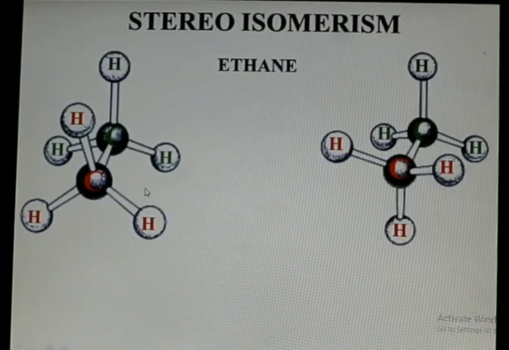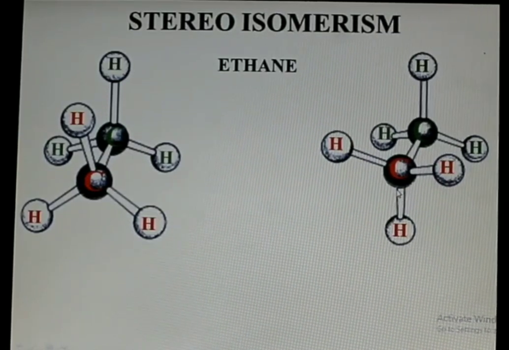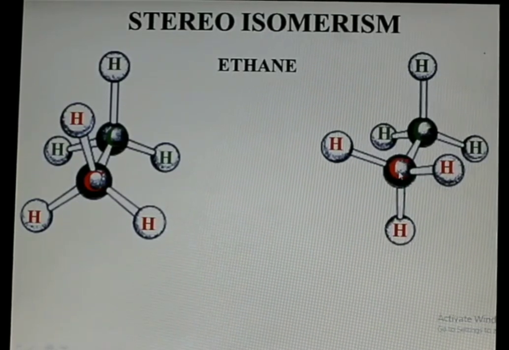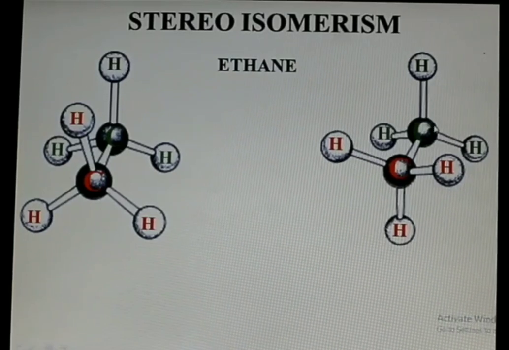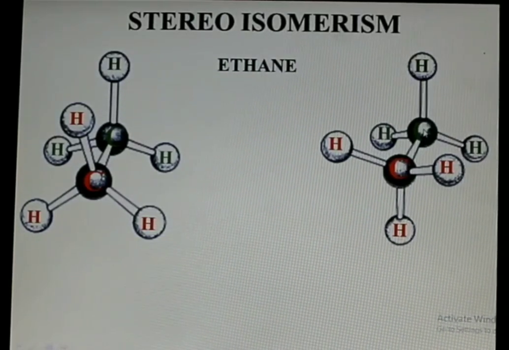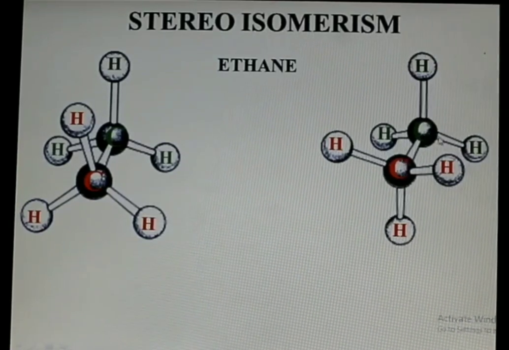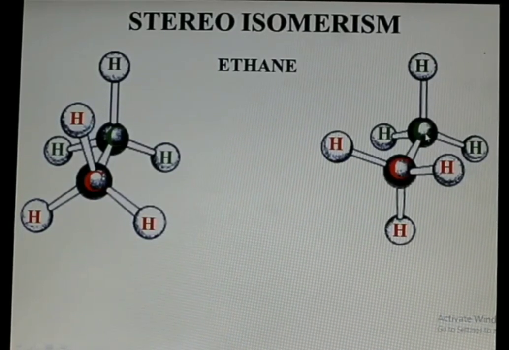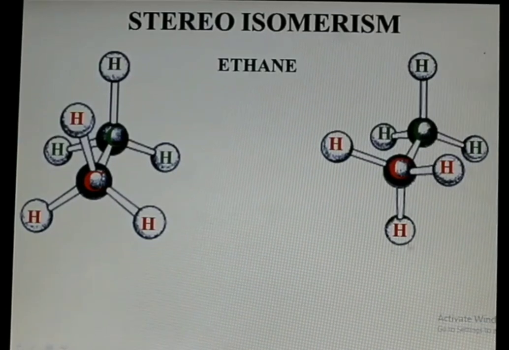Okay. So when it comes to this representation, again this is the ethane molecule. We have the red carbon, the front carbon here, and all the red hydrogens are bonded to this carbon. This carbon is bonded to the second carbon atom by a single bond. The second carbon atom is labeled in green color, and all the green hydrogens are bonded to it. But the difference is, here the hydrogens are maximally apart.